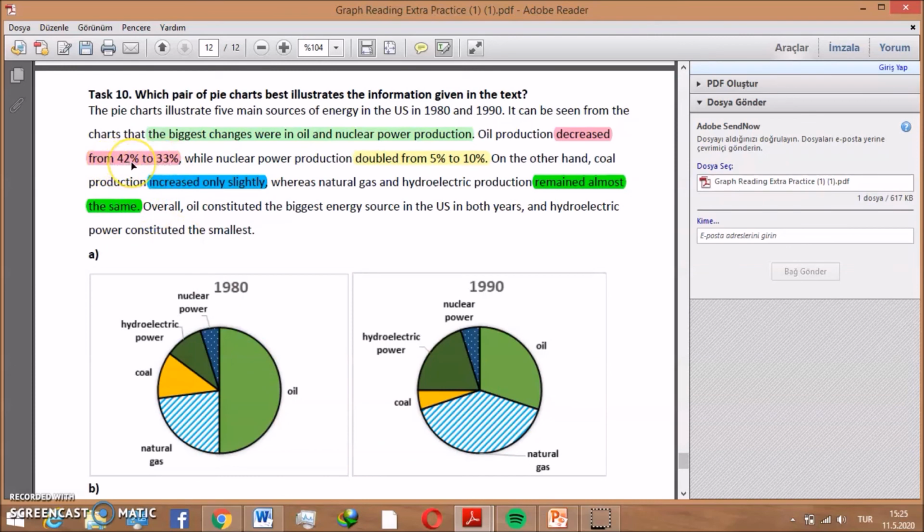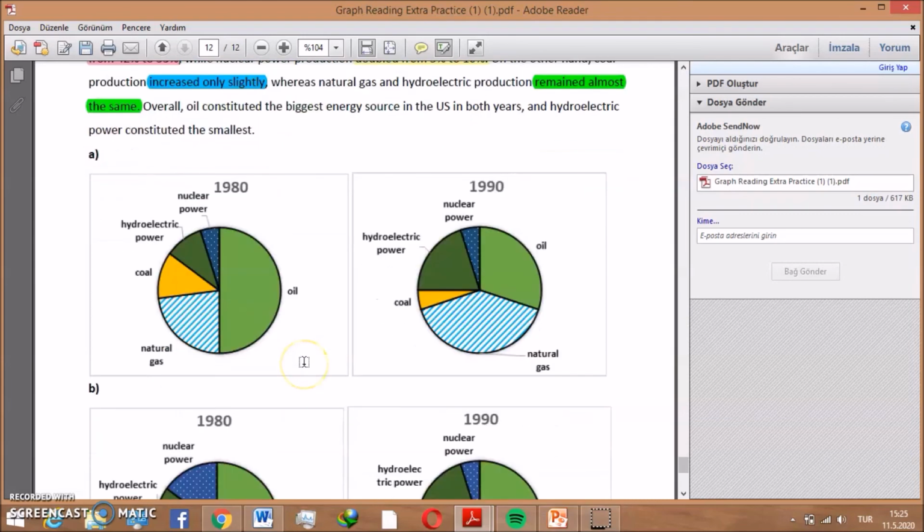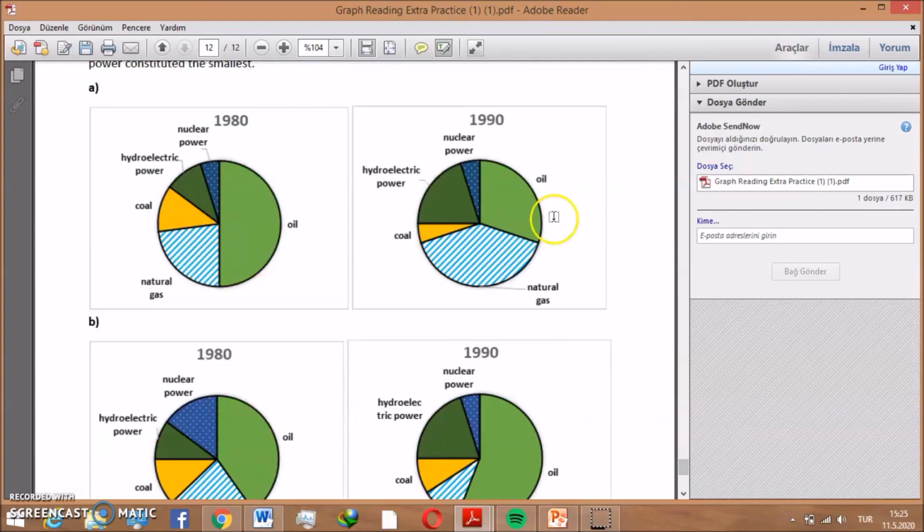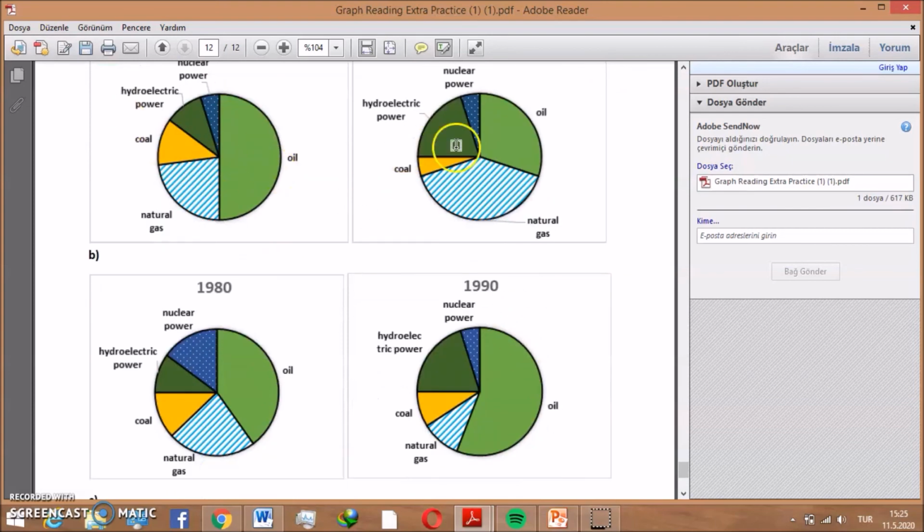So this is almost a half. We can understand it from the shape, but it became like 1/3, something like that. Okay, so from 42, it should be 33. Okay, this looks okay, but this is like a half, right? So therefore, A does not seem to be the good option.